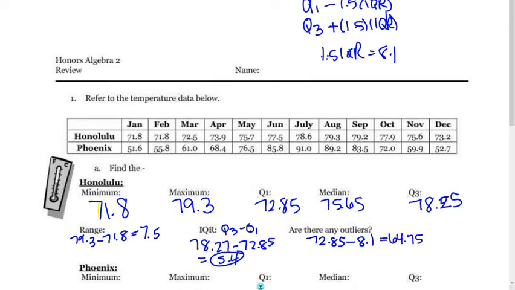And now you need to ask yourself, is there anything lower than 64.75 in my table for Honolulu? And the answer is no. Okay, so there are no lower outliers. I'm going to do the same process for the upper outliers. So I take Q3 and add 8.1. When you do that, you get 86.3. And then you need to look, are there any temperatures that are above that? And the answer again is no. So this one has no outliers.